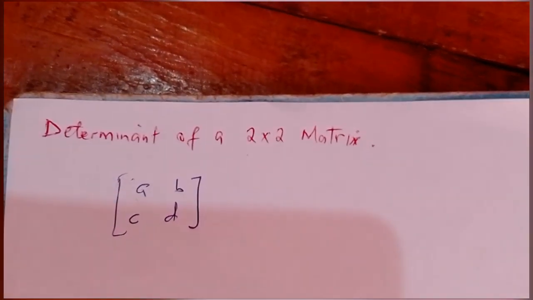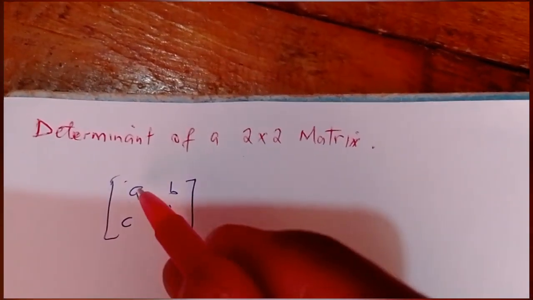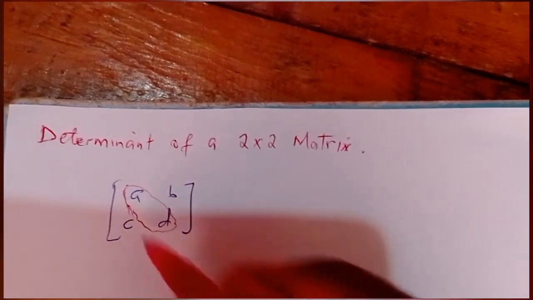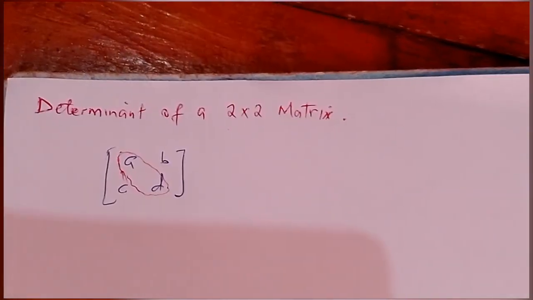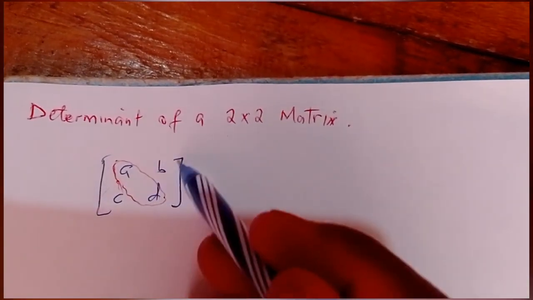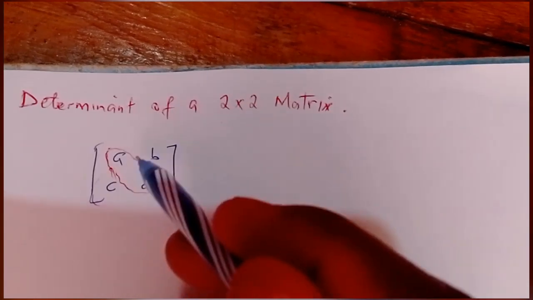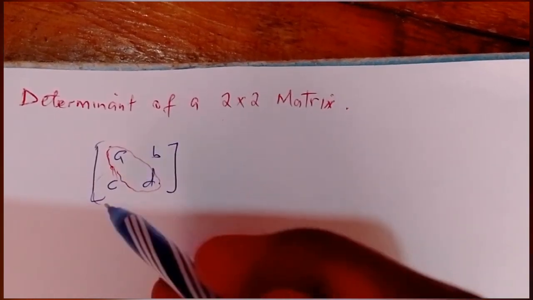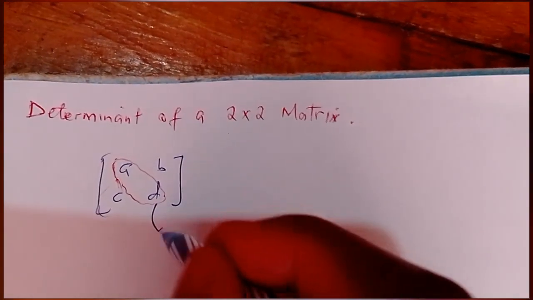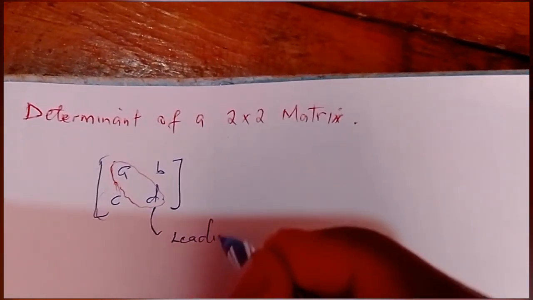From the top left corner to the bottom right corner, this is what I'm calling the leading diagonal. And the other diagonal, this one, is the secondary diagonal.